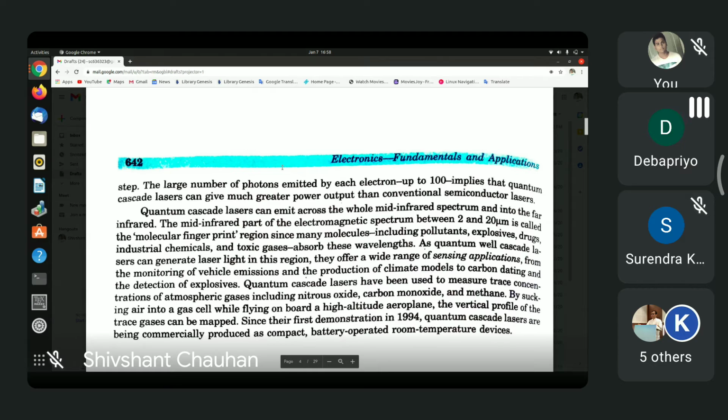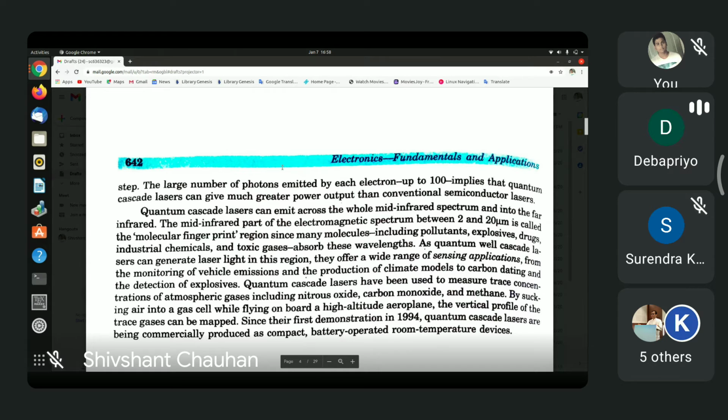By comparing the intensity of the radiation before you pass it through the suspected material and after that, you can see that absorption has taken place, and absorption takes place at specific wavelengths. So you immediately know which material is present in that suspected bag.